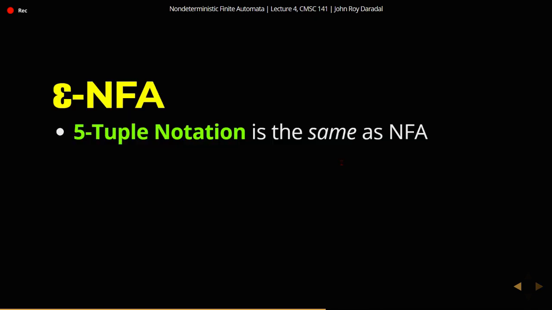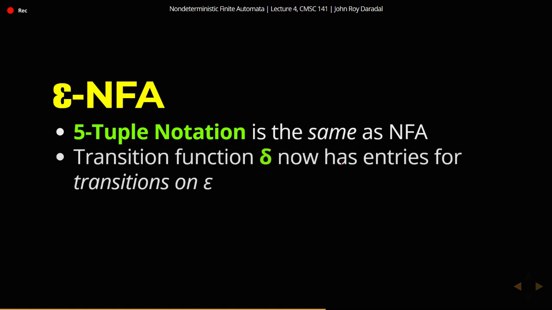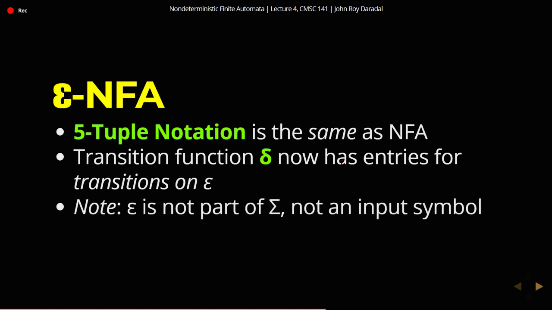For the 5-tuple notation, it's practically the same as your NFA. The only difference is that the transition function delta now has entries for the transitions on epsilon, because you have to also define the epsilon transitions. However, please take note that epsilon is not part of the set of input symbols sigma, because it's not an input symbol, it's an empty string, but it's just an extra input that we need to take note of.